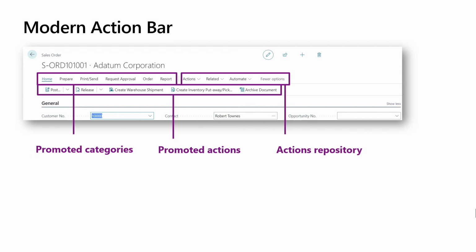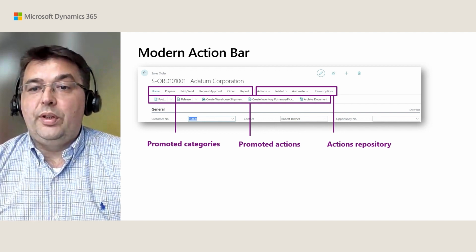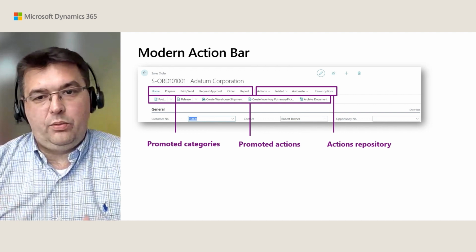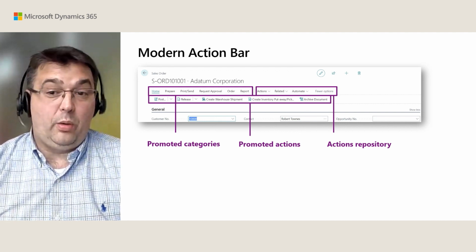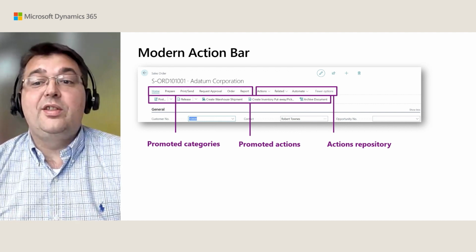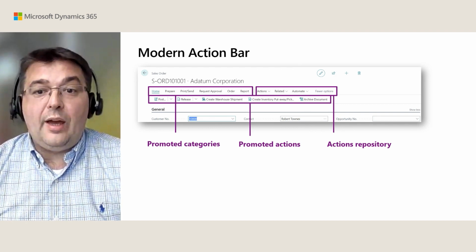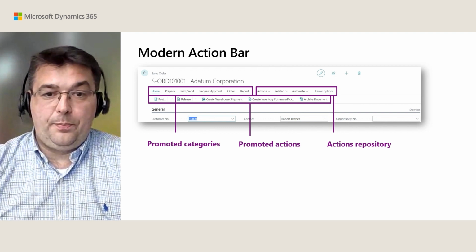The goal of the whole promoted area of the action bar is to contain categories and actions that have highest prominence. By prominence, we mean actions that are most important and most frequently used. The action repository, on the other hand, the right-hand side of the action bar, or as our users like to call them, the hidden actions, contains all actions and action groups available on a specific page.